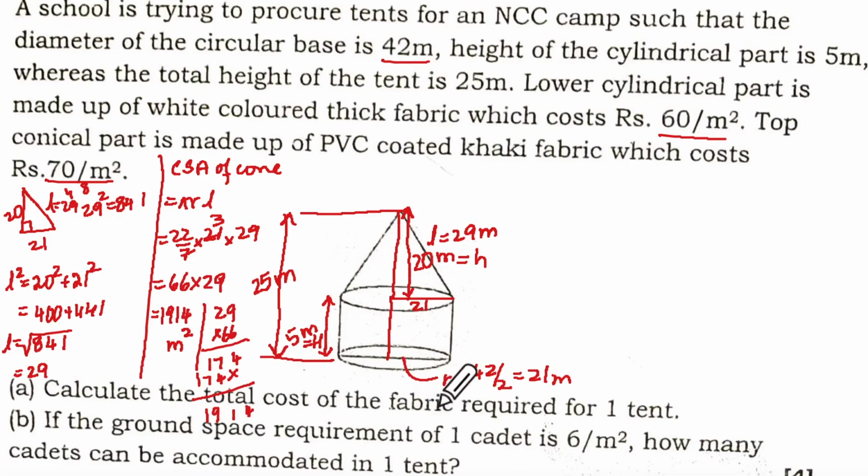Calculate the cost of the fabric. So I'll have to immediately find cost of CSA of cone. Cost of cone's fabric. CSA of cone. Correct? Yes. Will be equal to 1914 multiplied by PVC is 70 rupees.